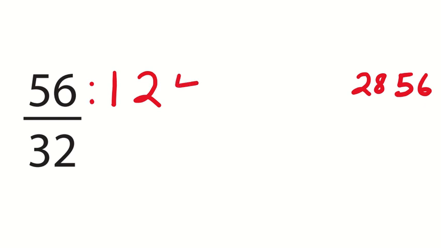Yes. How many times? Well, we know that 4 times 14 is 56. Will 5 go into 56? No. Will 6? No. Will 7? Yes, it will. 7 times 8 is 56. Now that we've listed all the factor pairs of 56, we've got to do the same thing for 32.